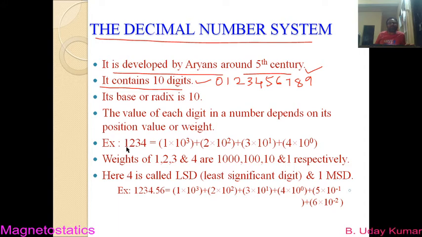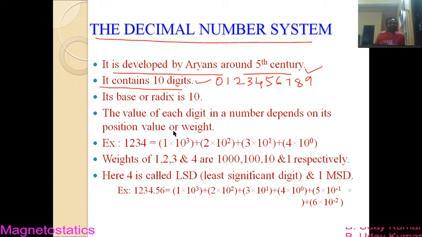For example, if I take 1234, how do we call this number? We call it one thousand two hundred thirty-four. If I expand it and write each digit in terms of its weight or position value, starting from the left side, I can write 4 as 4 into 10 power 0, plus 3 as 3 into 10 power 1, plus 2 as 2 into 10 square, plus 1 as 1 into 10 to the power of 3.